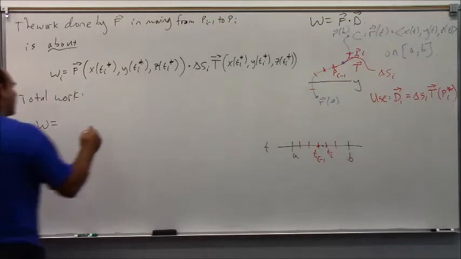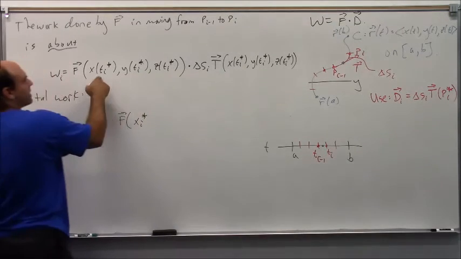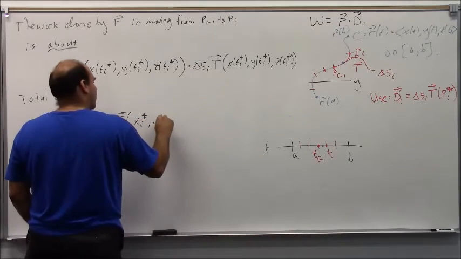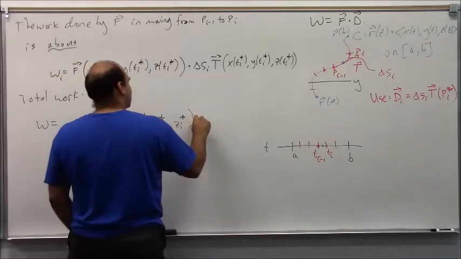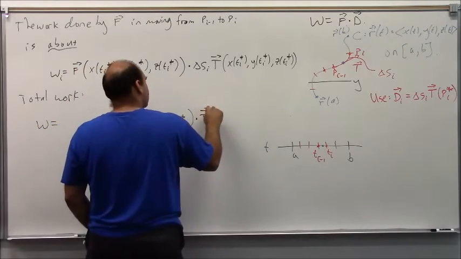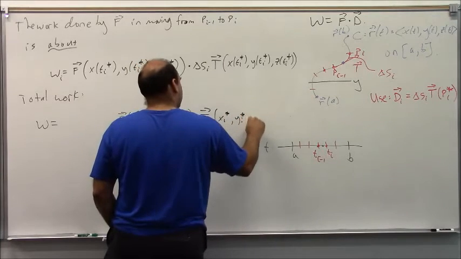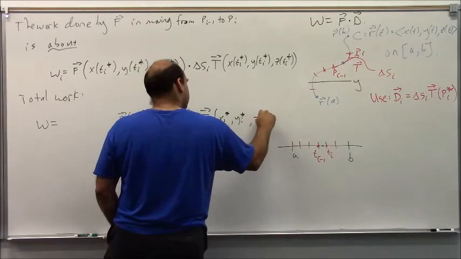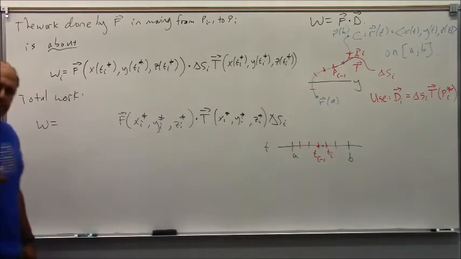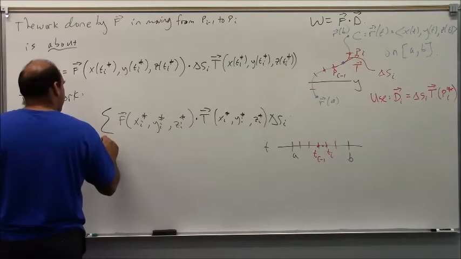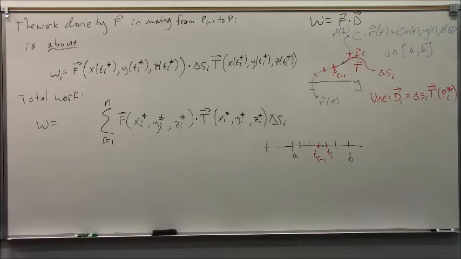So I get capital F, I'm going to abbreviate this to x_i star, y_i star, z_i star, dot T of x_i star, y_i star, z_i star, times delta s_i. There's my work for the one piece, approximately. And then I have to add those up. So I get the work for the whole path.